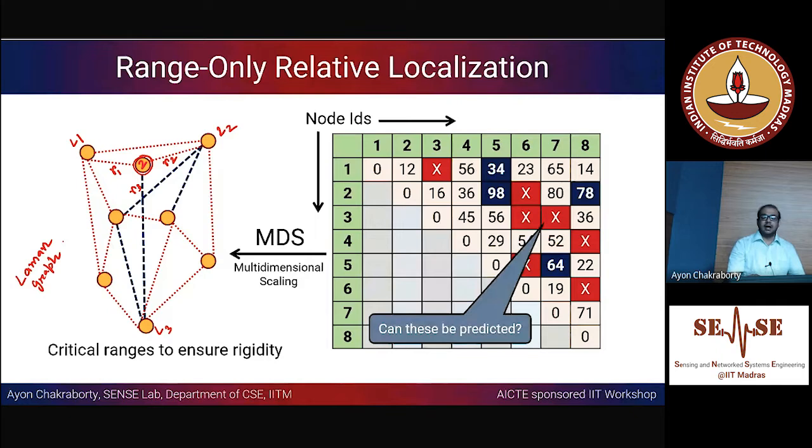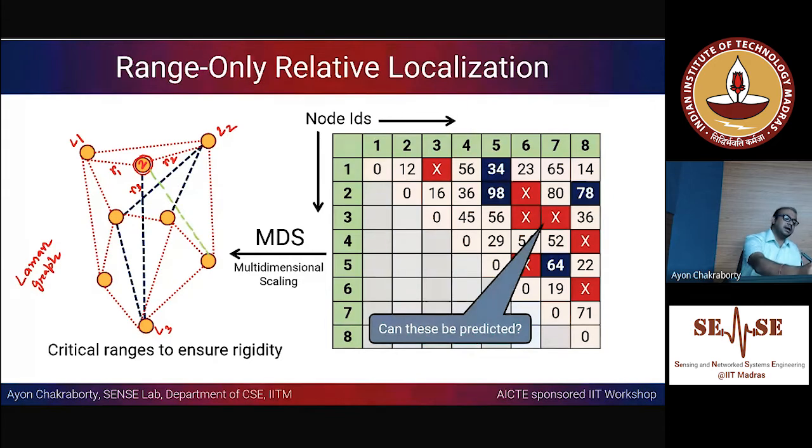Okay, so the other problem is that given some of these values that will ensure rigidity, can the other ones be predicted? Yes, because if I'm ensuring rigidity of the structure by assigning some of the edges that were critical, for example, on the left hand side figure, now let's say the figure is rigid. If it is rigid, you can know what is this distance, let's say.